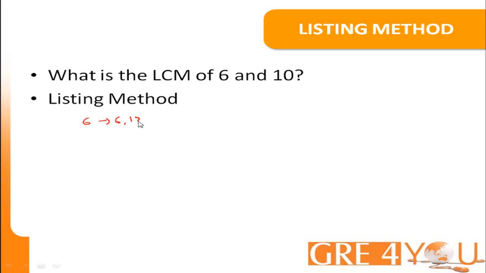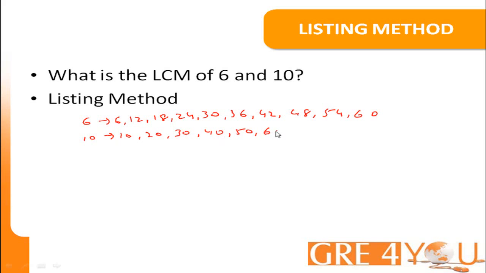That's 6, 12, 18, 24, 30, 36, 42, 48, 54, and 60. I'm going to stop at 60 here, and I'm going to do the same for 10. List all the multiples of 10 starting from 10, 20, 30, 40, 50, and 60.